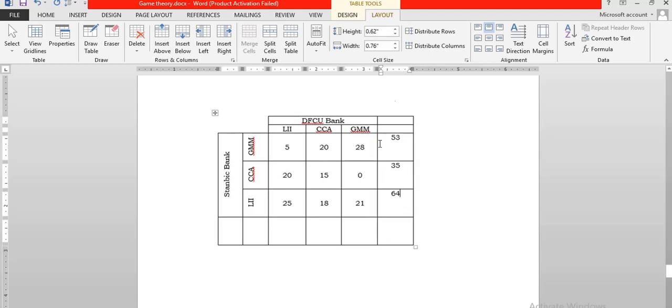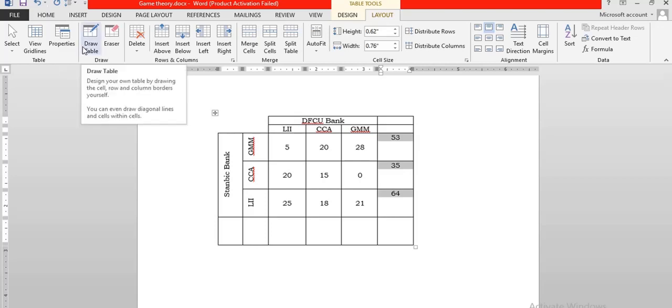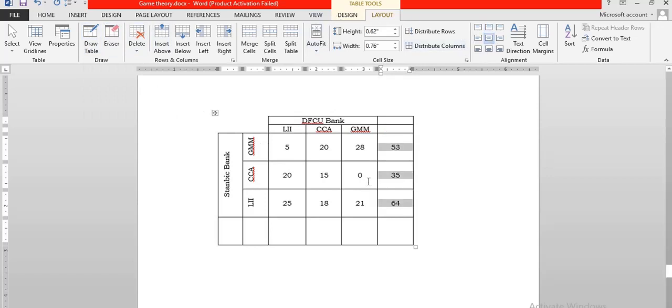So we are going to begin with this section of rows first. What I'm going to do here is to pick out the highest figure, which is 64, the total of rows. And then I compare it with the next row to find out if the dominance principle applies.